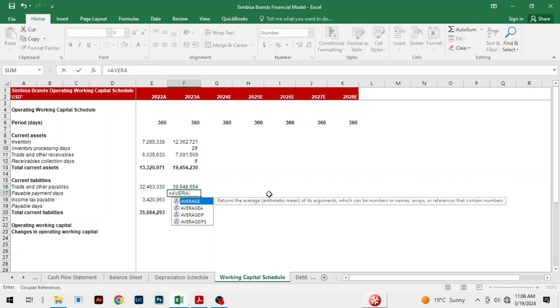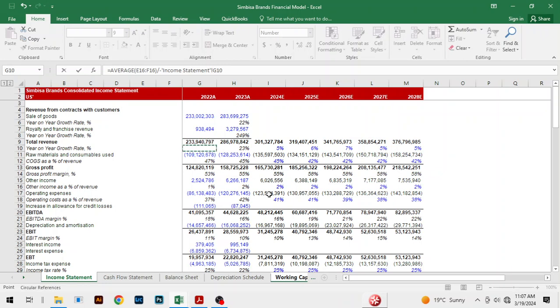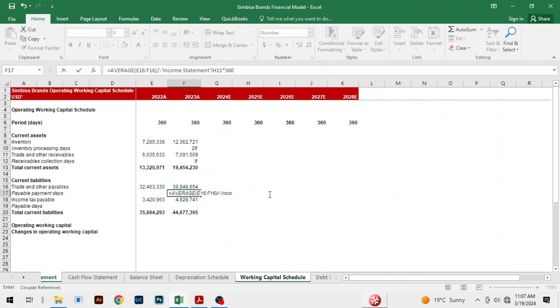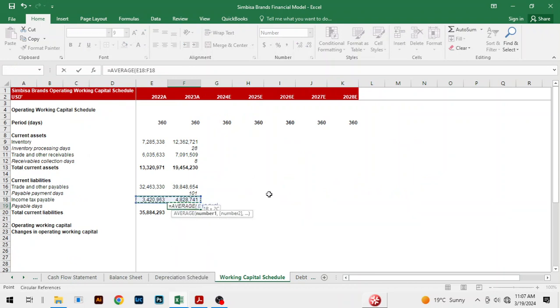So let's just do the same here. Then we've got average, and then we divide that by negative cost of sales for 2023, then multiply by 360, right? And then we do the same here, average, and then we divide that, not by total expenses, but by the income tax expense.